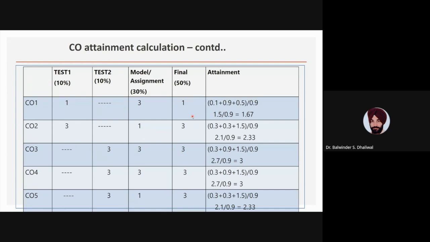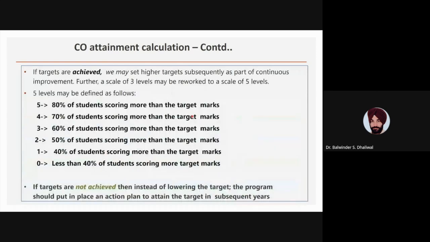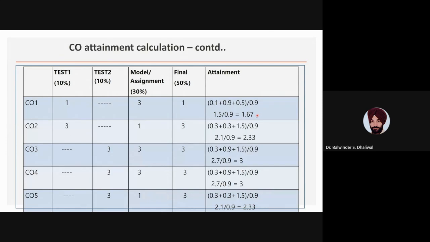Okay, if there is no query, let me move further. Once we have calculated these CO attainments, 1.67, 2.33, for every subject we will have some target CO attainments. If our target CO attainments match the actual attainment, then we say that CO attainment has been achieved. Otherwise, we say that it is not done.